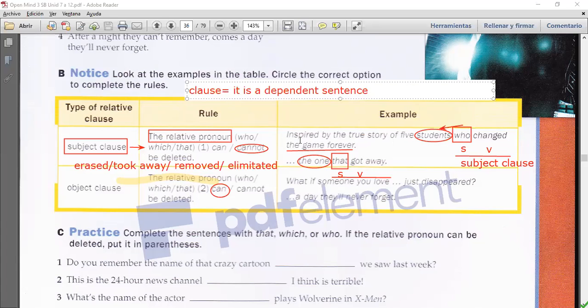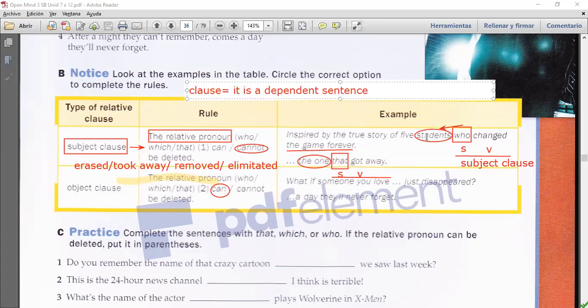This is understandable. Inspired by the true story of 5 students, it's independent. It is understandable, but we need to give extra information about the students.